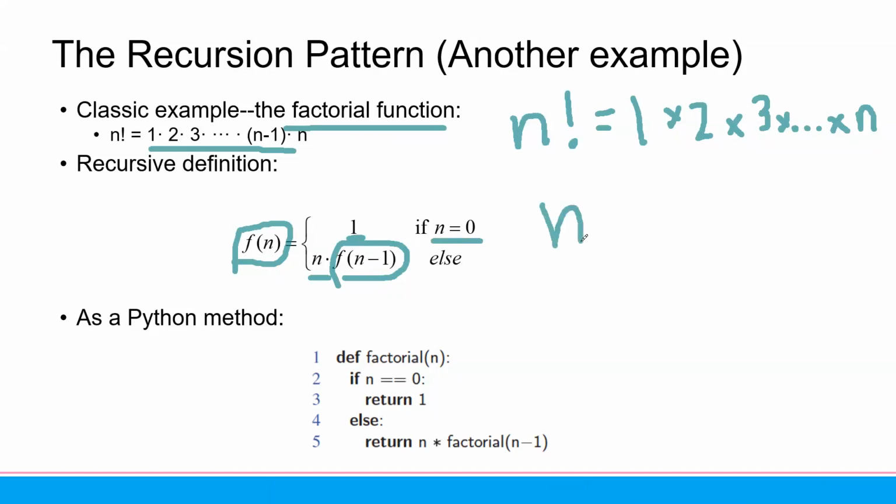We know that 0 factorial equals 1. So when n equals 0, let's make it 1. We can define the factorial here, and when n equals 0 it returns 1. If not, then we will do n multiplied by factorial(n - 1).